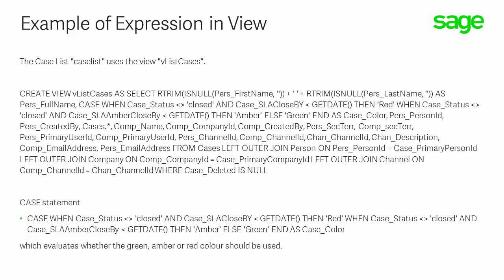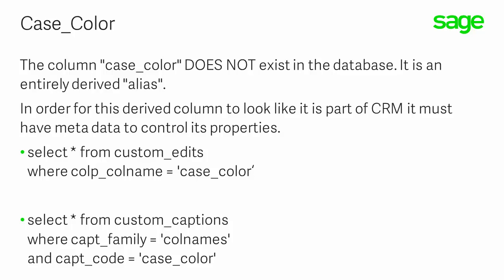So we can see the case list is underneath, is using the vlist cases view, and we can see the case statement, which evaluates whether green, amber, or red is returned. Then we get that sense that case color doesn't exist in the database. It's an entirely derived alias.